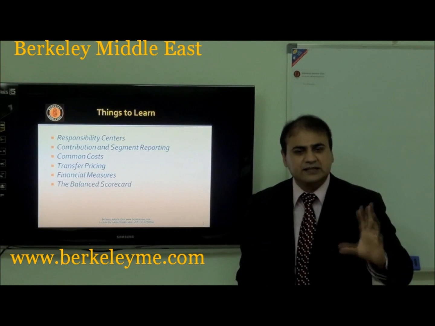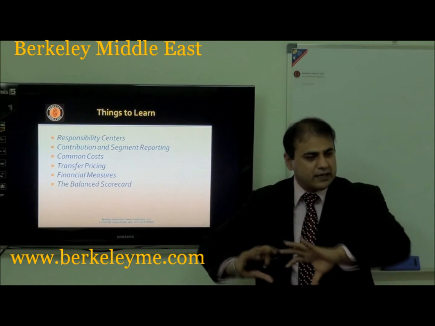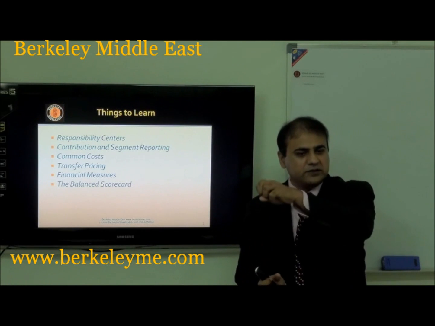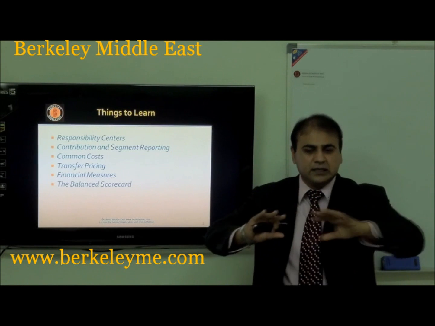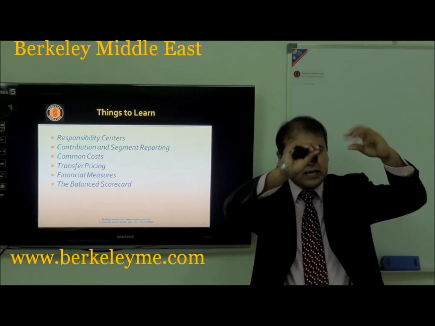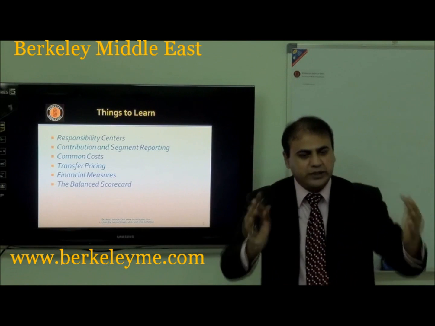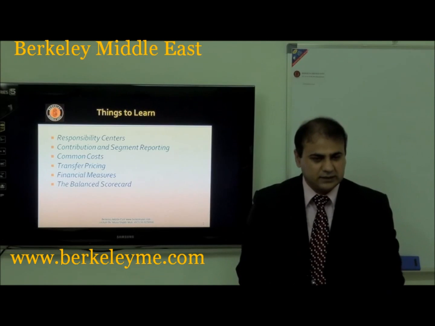Another name is SBU, Strategic Business Units. You make a strategic business unit, there is a head of this unit, there are so many sub-units, they sit together at one place and they have a manager and the general manager whom they are reporting to. This is the authority structure.